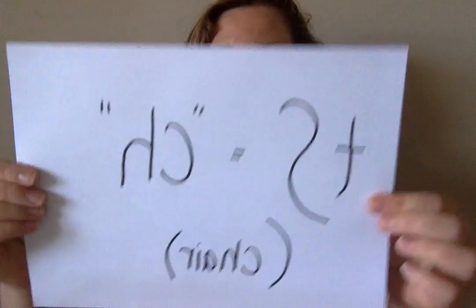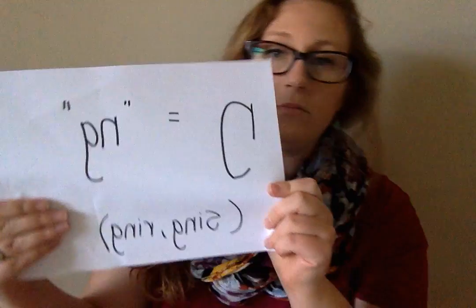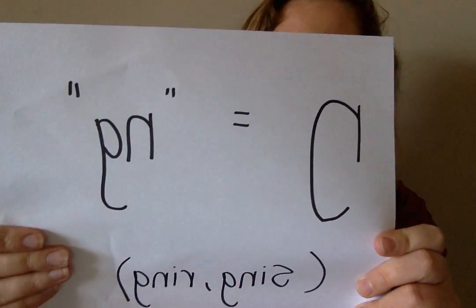O. In the word chair, the ch sound is represented by this symbol. In the word sing, the ng sound is represented by this symbol. Those are all the examples I have right now.